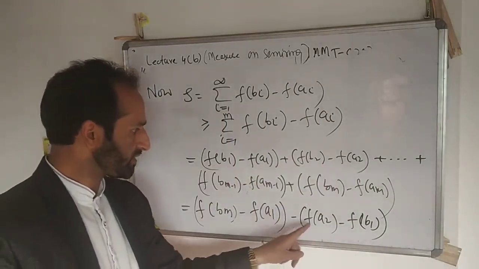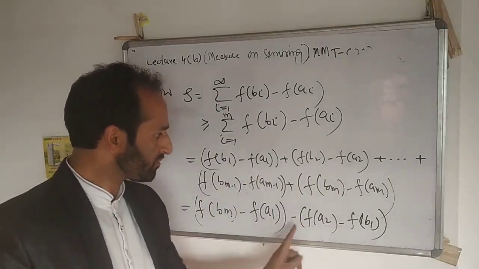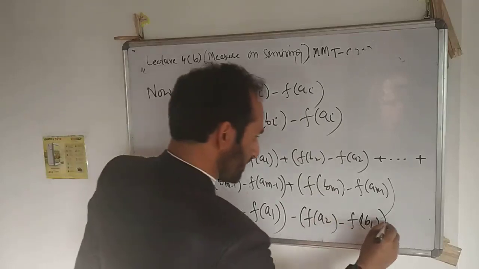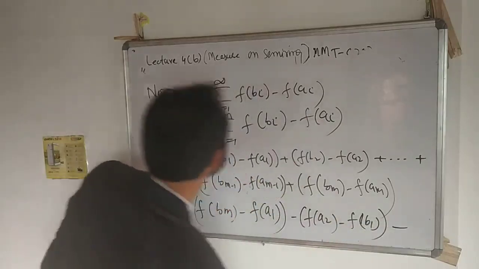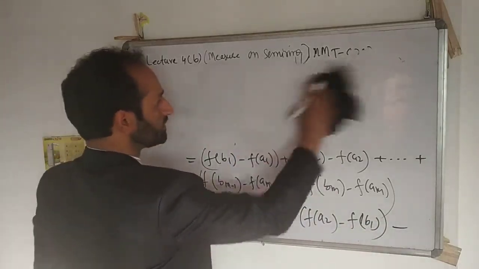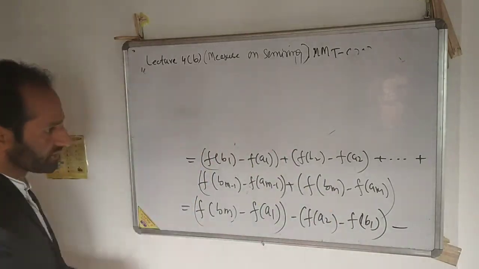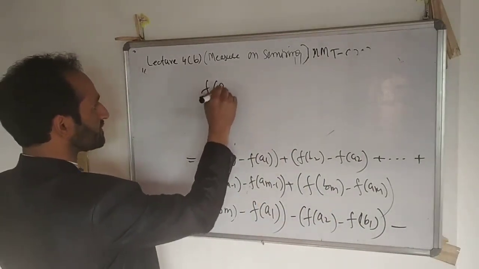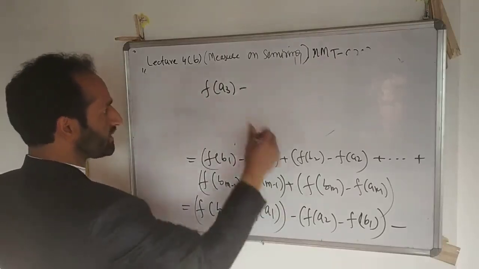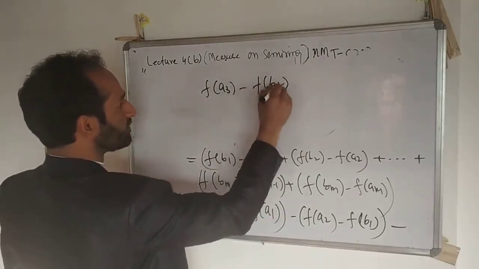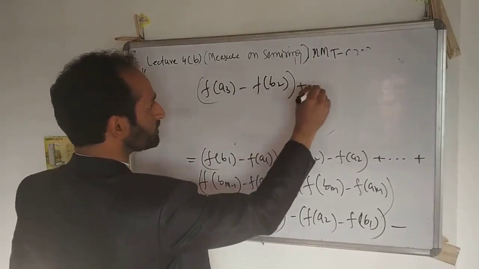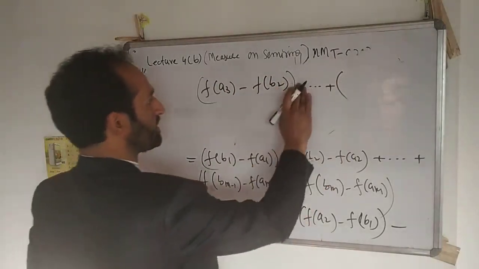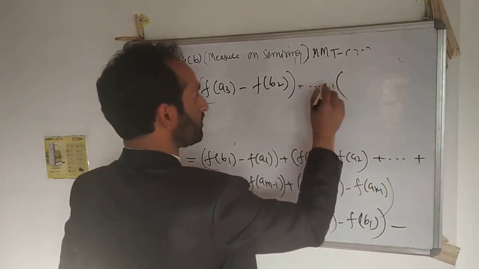That means it will be equal to minus f of a2 plus f of b1. S is greater or equal to this. Now next term I will write here f of a3 minus f of b2 plus and so on.